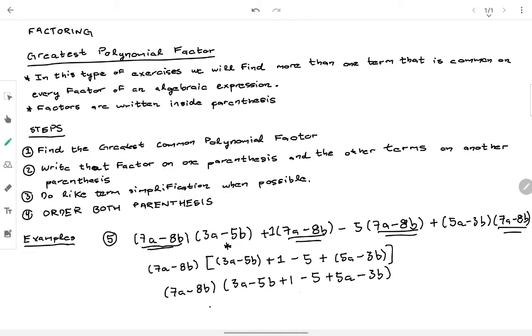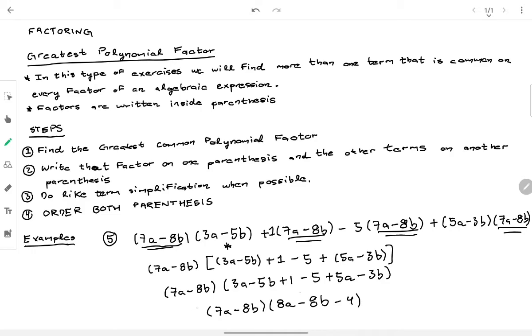So finally, we can do like term simplification and ordering. So it's going to be 3a plus 5a, it's going to be 8a, minus 5b minus 3b minus 8b, minus 5 plus 1, it's going to be minus 4.